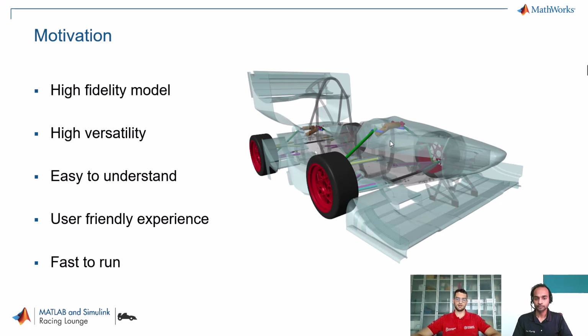In fact, every component is physically modeled and actually represents what happens to the car. And also, a high versatility level is present. In fact, we can switch between different suspension configurations in a matter of seconds.